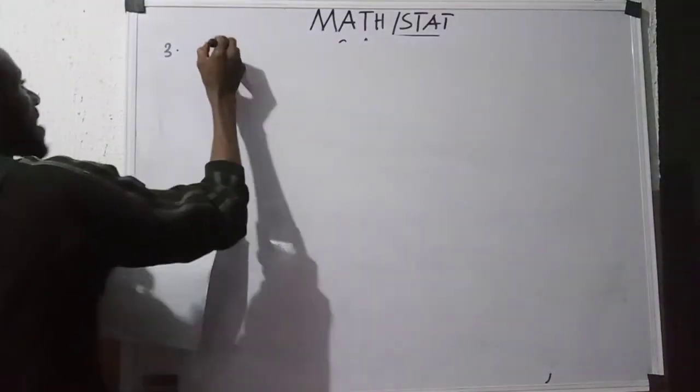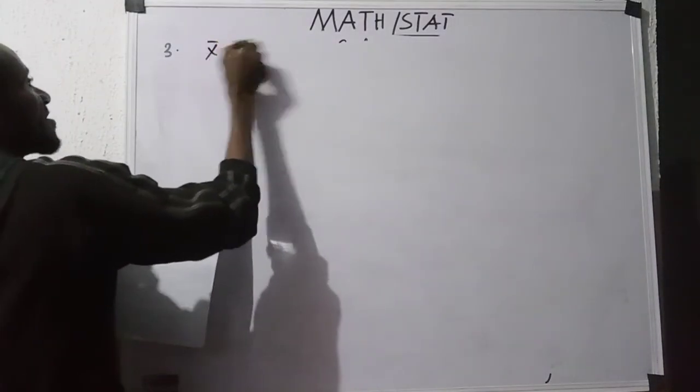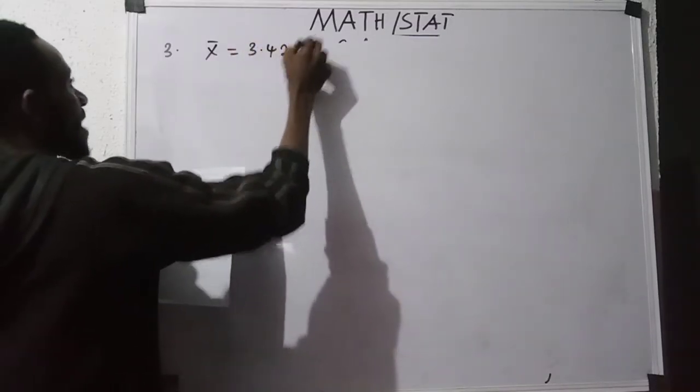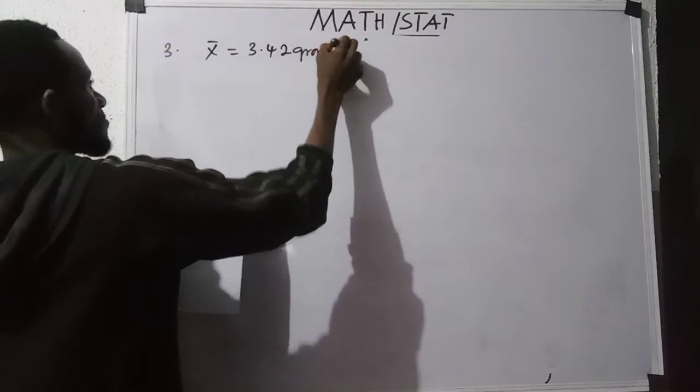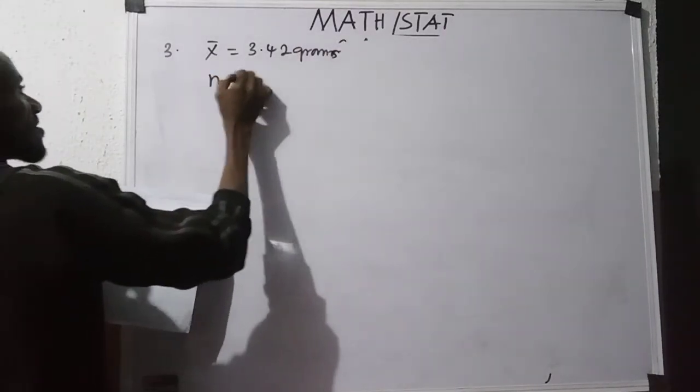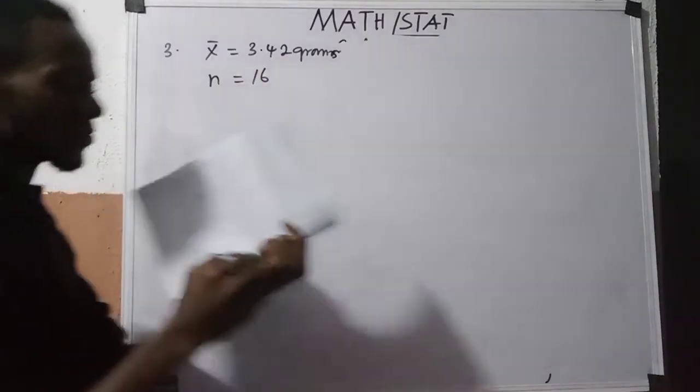So I'll come here and see that my x bar is 3.42 grams. Then, of course, my n is equal to 16. They mentioned it.